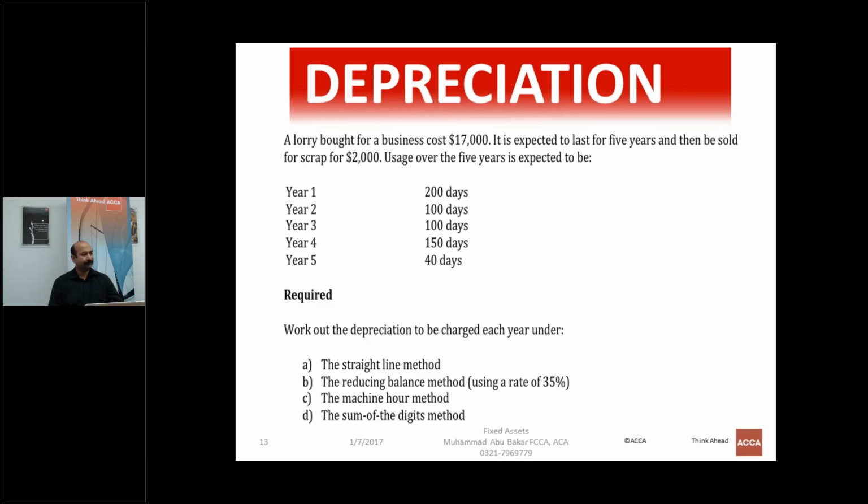IAS 16 para 55 states that depreciation of an asset begins when it is available for use. That is when it is in the location and condition necessary for it to be capable of operating in the manner intended by management.